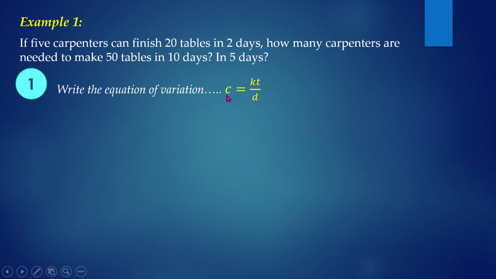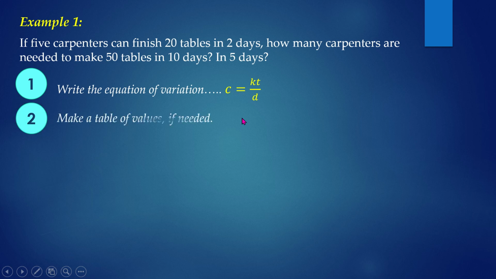So, C stands for carpenters is equal to K times T, number of tables, over D, the number of days. How many carpenters are needed to make 50 tables in 10 days? Or how many carpenters are needed to make 50 tables in 5 days?